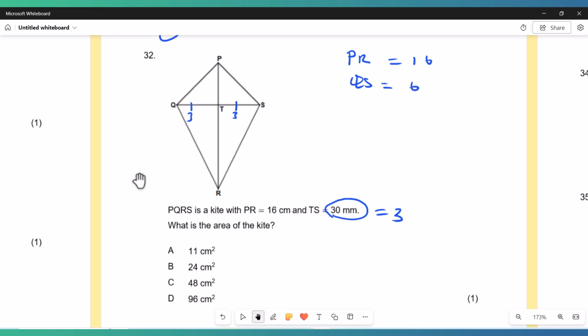Then the area for the kite is given by a half times D1 times D2. It will be a half here. Our D1 is the 16 here, D2 is 6, so it gives us what? Let's take it out here.